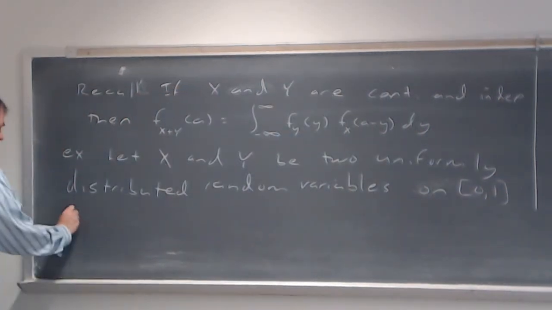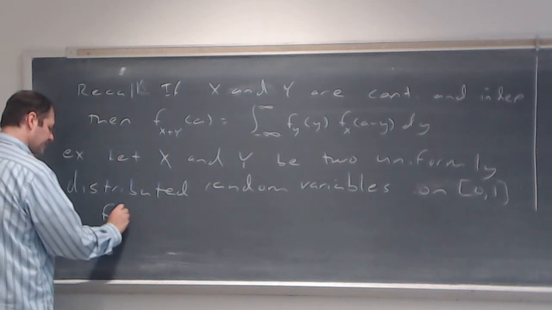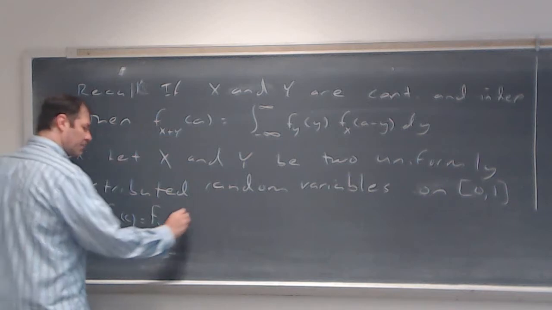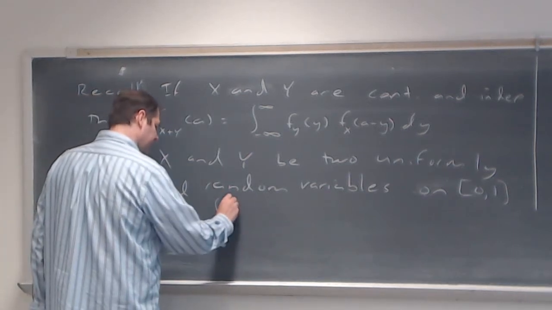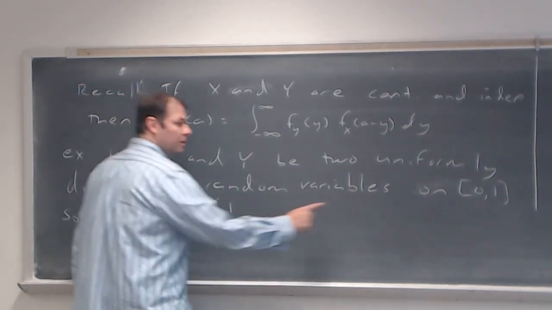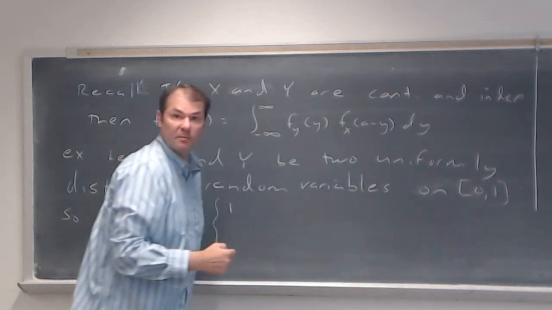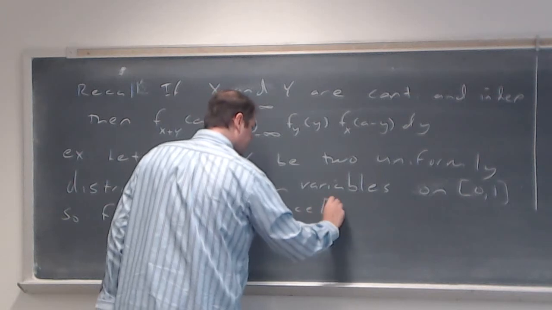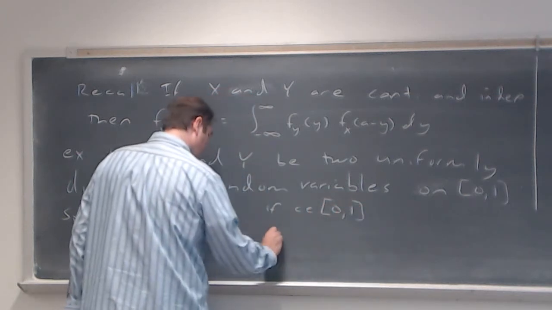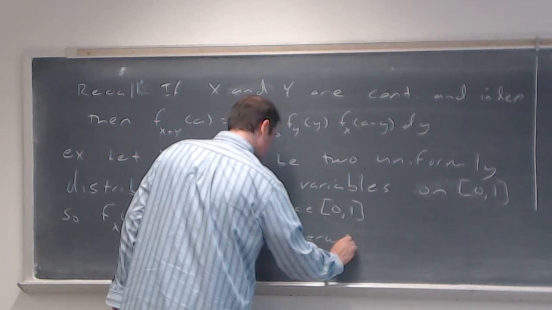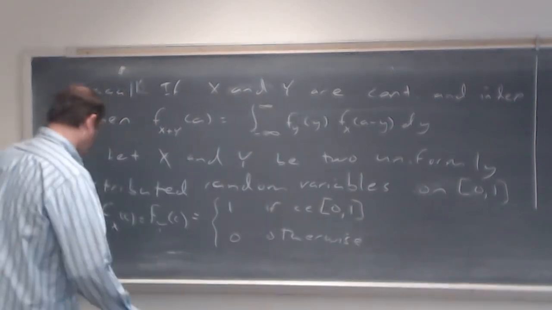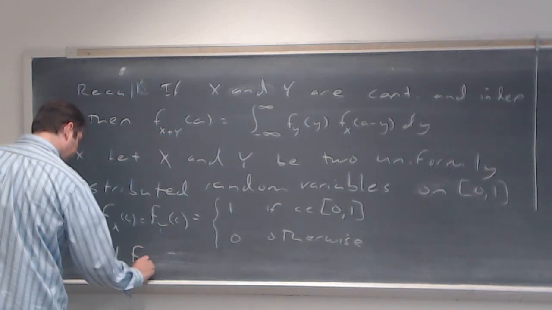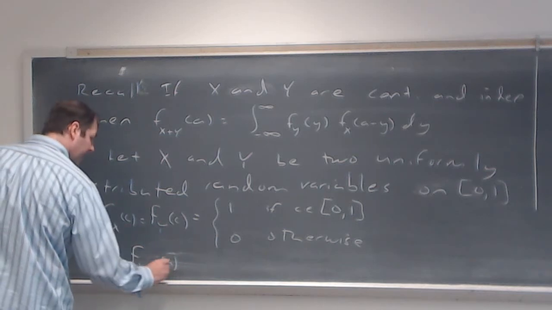So what that means is that f sub x of c is equal to f sub y of c, and what that's defined to be is 1, that's 1 over b minus a, if you remember for the uniform, if c is an element of 0 to 1, and it's 0 otherwise. Then let us find the PDF of x plus y acting on a.